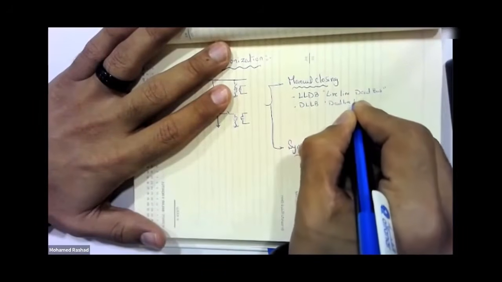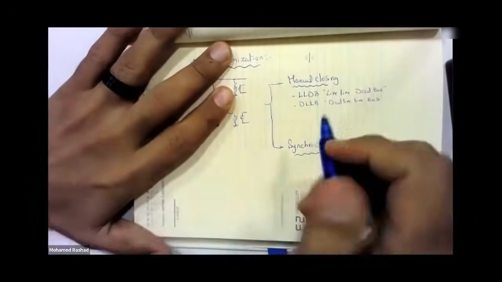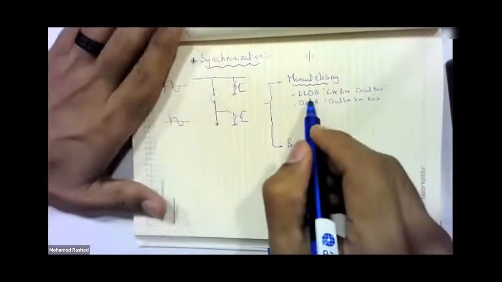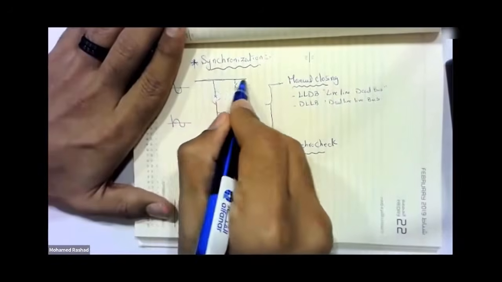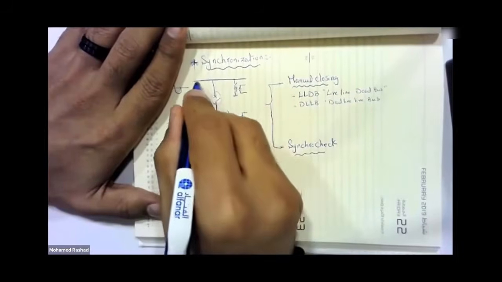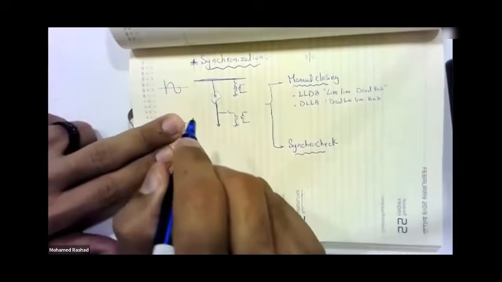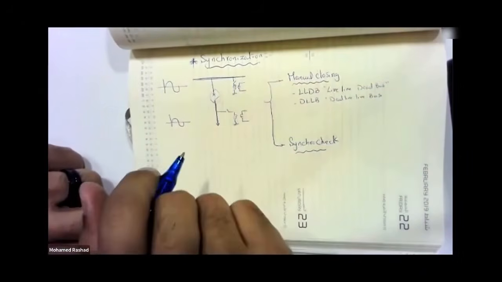All right? So how does this work? The matter is quite simple. The bus could be dead and the line could be live, or the line could be dead and the bus could be live. In this case, one side has power and the other side does not. Of course, in this case, if you close it, you won't have any problems at all.